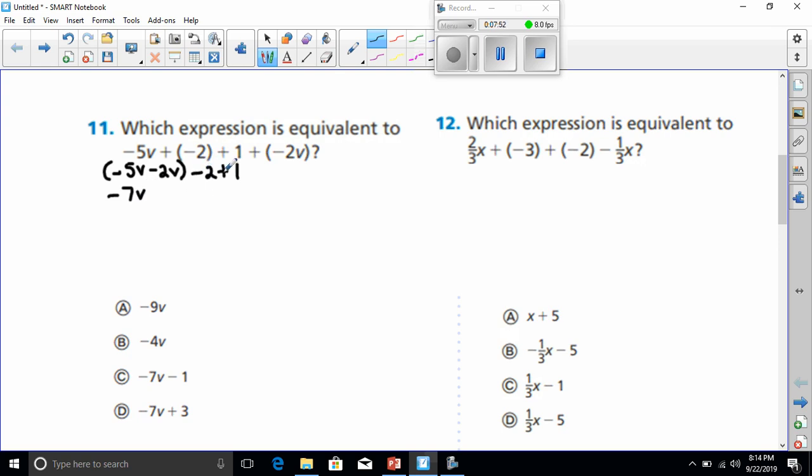Then I have a negative 2 plus 1. My signs are different, so I take the big number, which is 2, minus the small number, which is 1. I keep the sign of the big number, that was negative, and 2 minus 1 is 1. So the answer is negative 7v minus 1. Let's see if one of these is there. Look at that. Negative 7v minus 1. My answer has to be C.